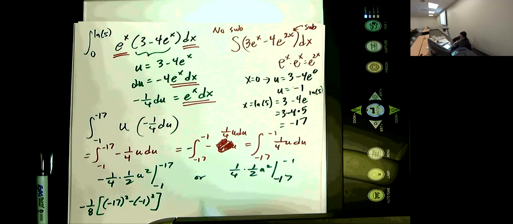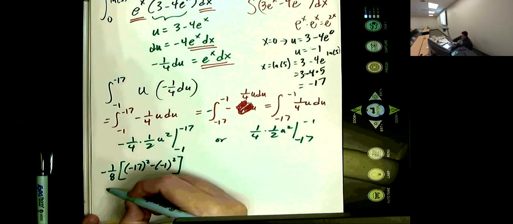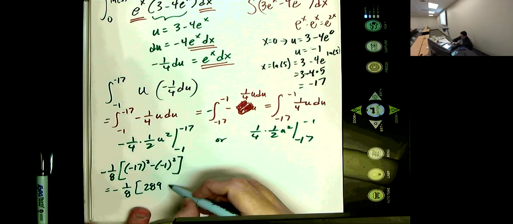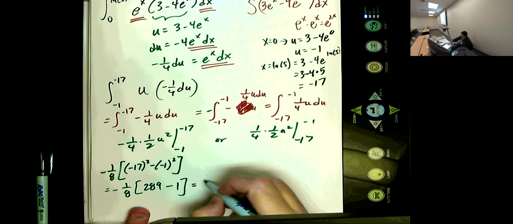Look at that. Minus 1, so negative 288 over 8.